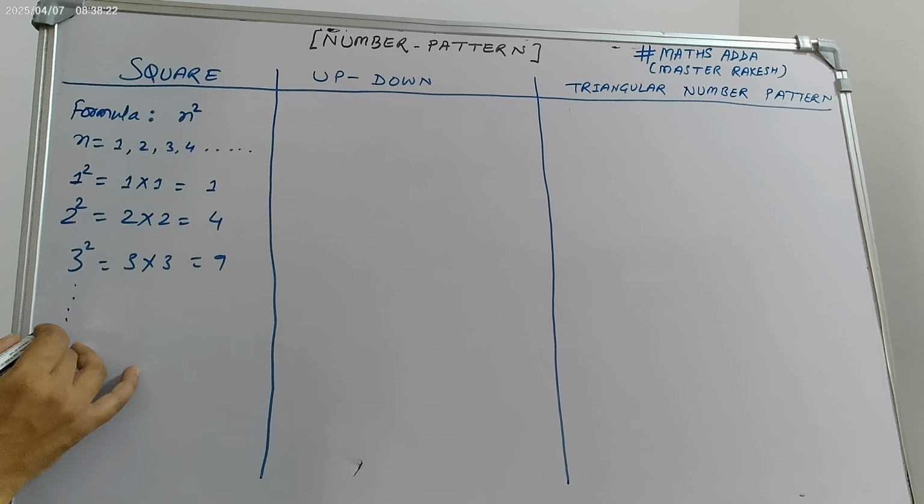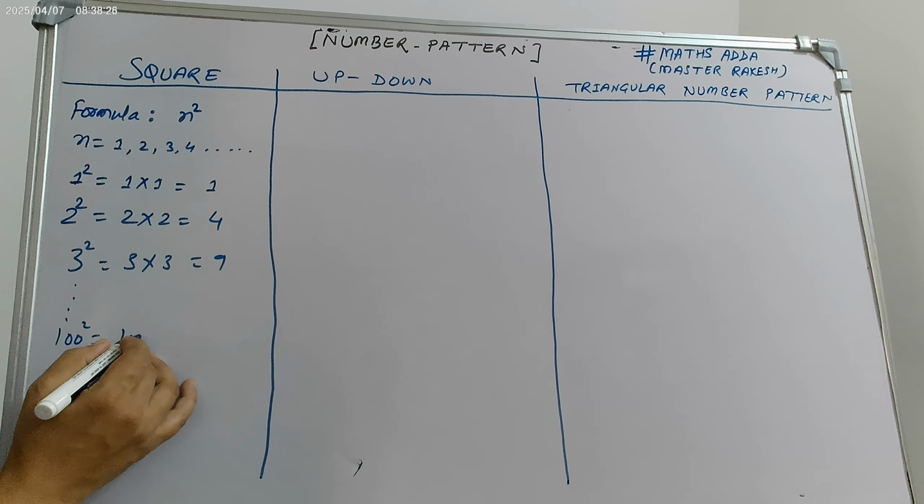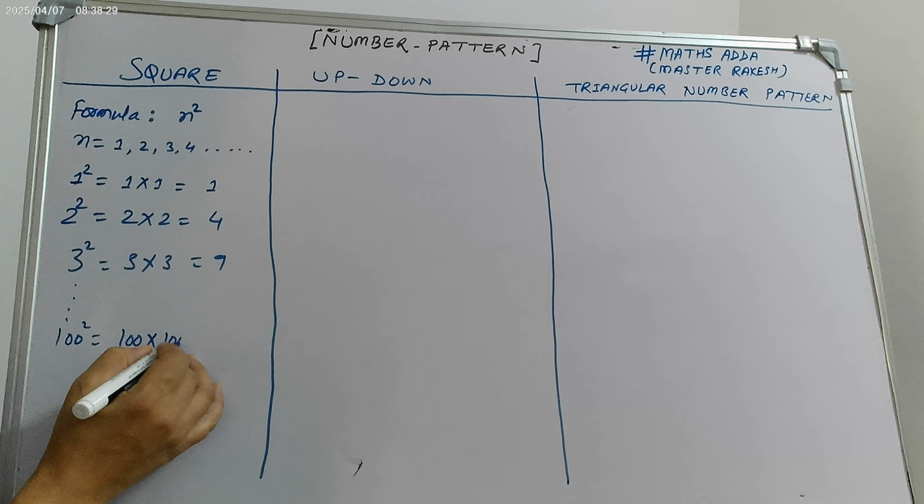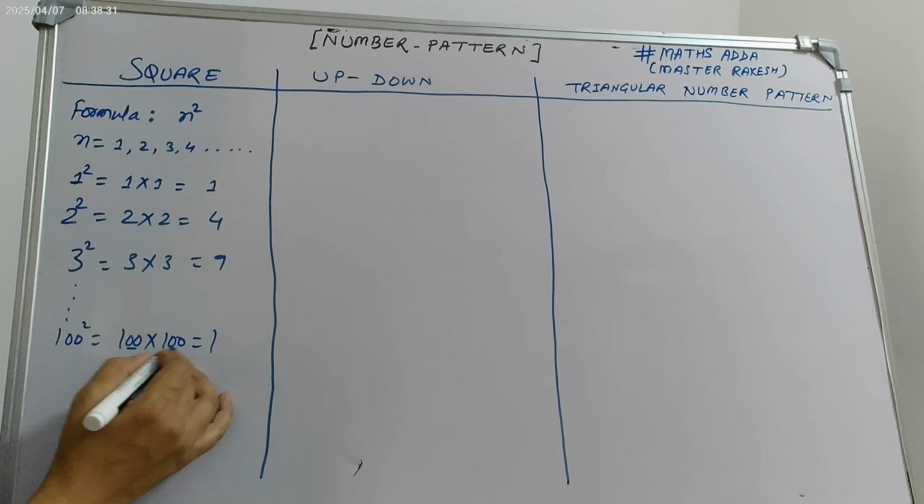These are the natural numbers. If I say 100 square, 100 raised to power 2 means 100 into 100, so 2 zeros plus 2 zeros, 4 zeros.